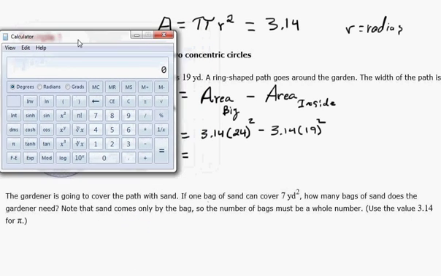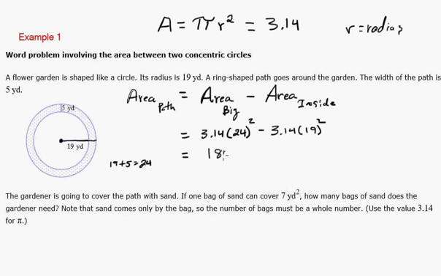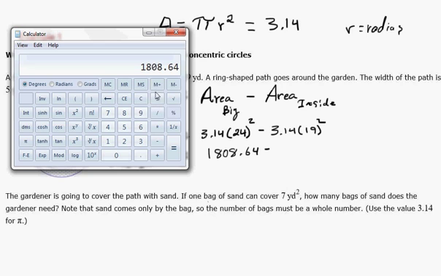Now that things are set up, all we have to do is use the calculator. 24 times 24 times 3.14 gives 1808.64. Then let's do it again: 19 times 19 times 3.14, and I get 1133.54.